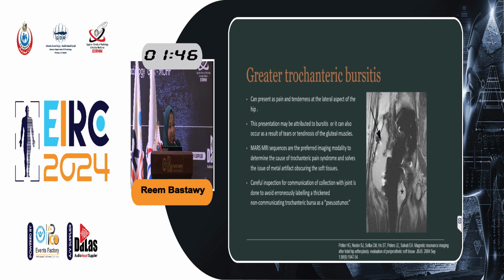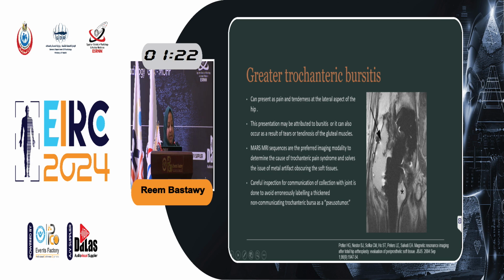Greater trochanteric bursitis can present as pain over the lateral aspect of the hip, and as was already discussed in the first lecture by Professor Nahal, trochanteric pain syndrome is not just trochanteric bursitis; it may be caused by the presence of gluteal tendinopathy or tendon tears.